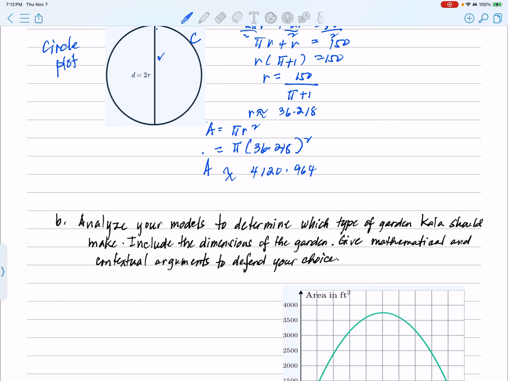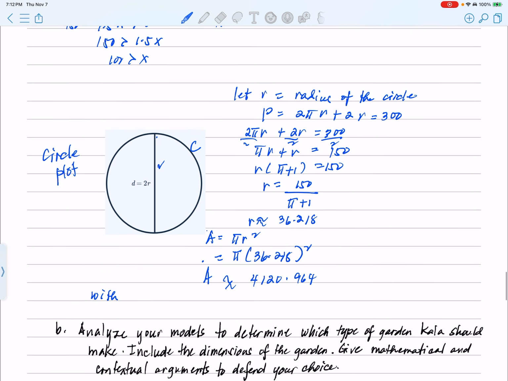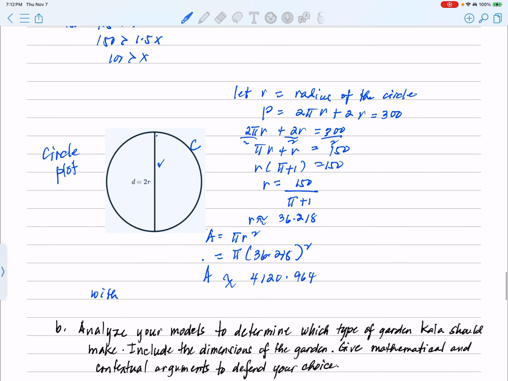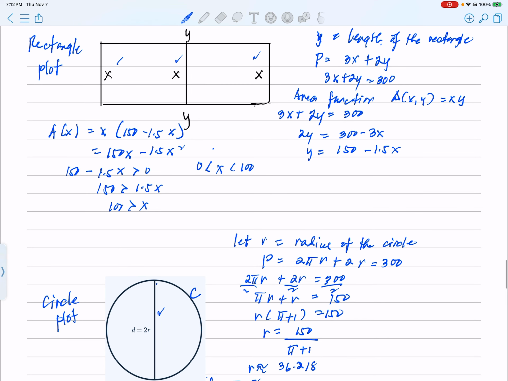okay, let's look at the area of 4,120.964, about the area of the rectangular plot.